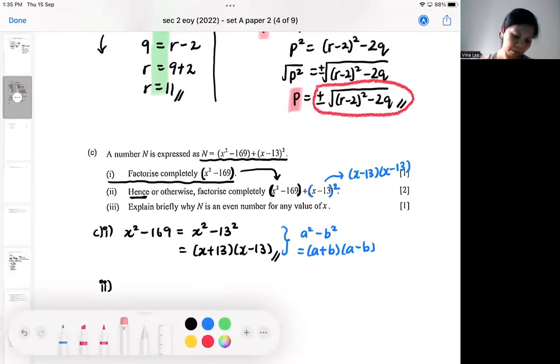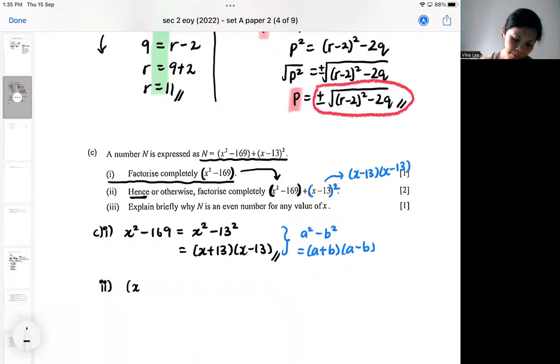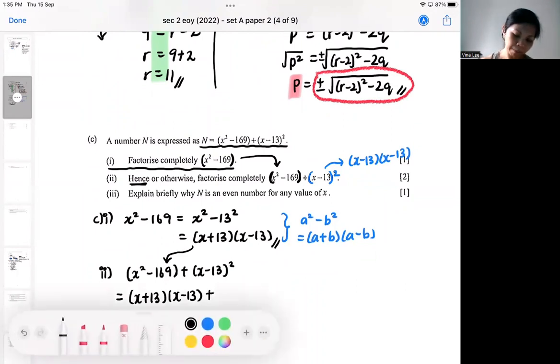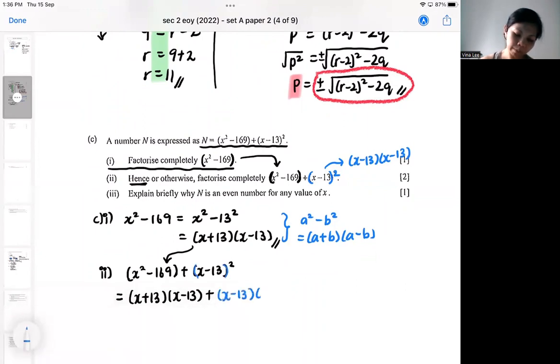I'm going to write the question first. The first bracket is related to part one. Line one, I copy. From line one to line two, I use part one, and I make the bracket appear twice.